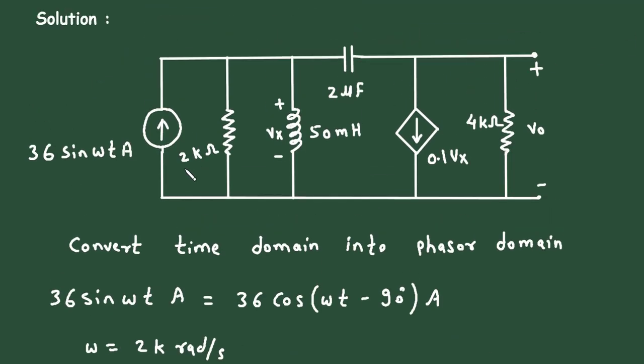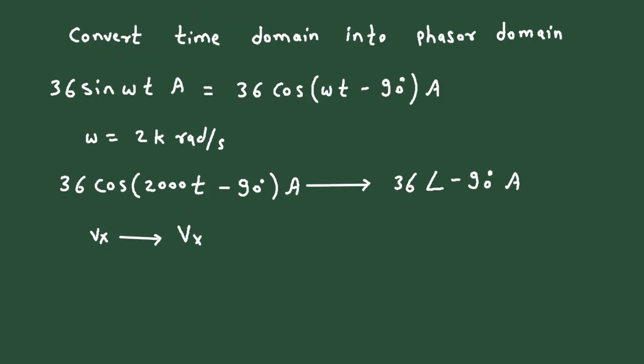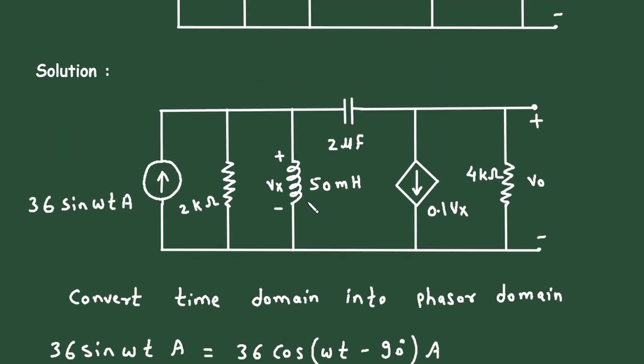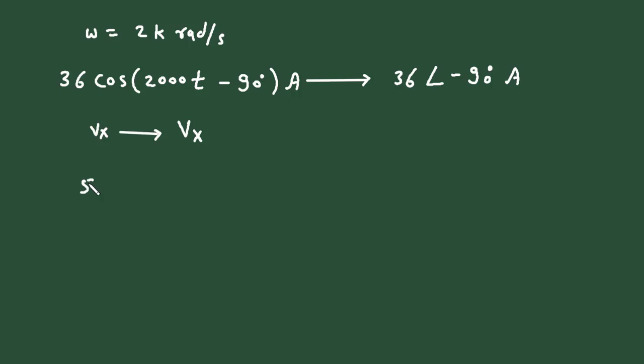Then next, this 2 kilo ohm will remain same. This small Vx will change to capital Vx. Then this 50 millihenry will change to j omega L. So j into omega value is 2000, multiplied with inductance value 50 into 10 to the power minus 3.